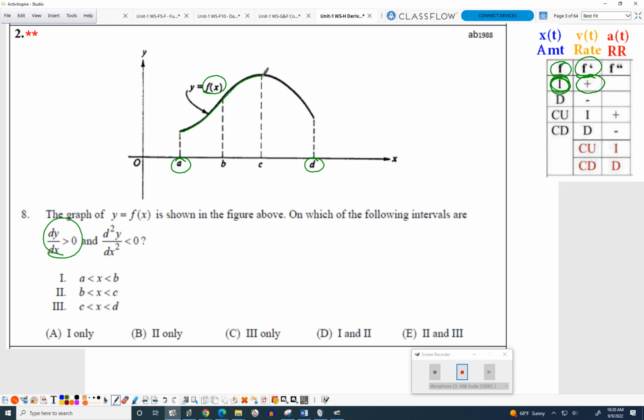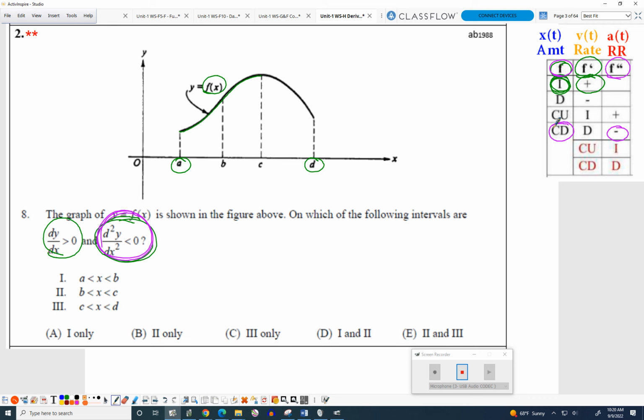But the question says you're also looking for a space where this is true. So I come back over to this side and I say, oh, I should have used a different color. That means over here, f double prime must always be negative, which means the interval where that's true, my graph of f will be concave down.